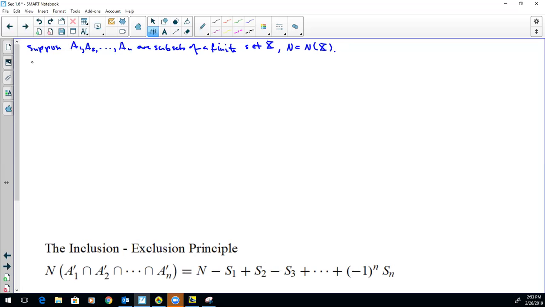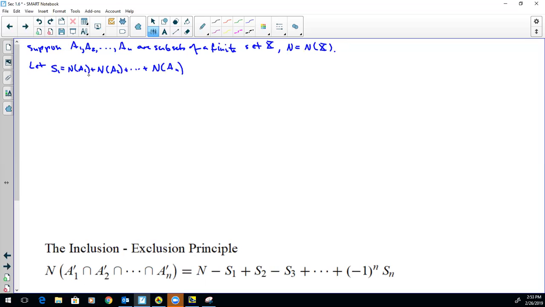Okay. Now here's where things get a little bit tricky. Let S sub 1 be the number of things in A1 plus the number of things in A2 plus the number of things up through AN.